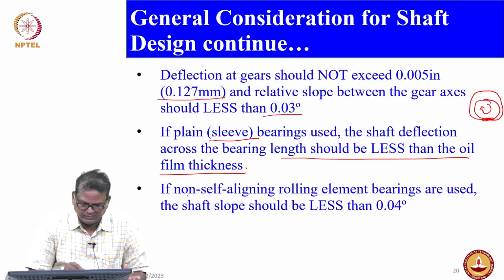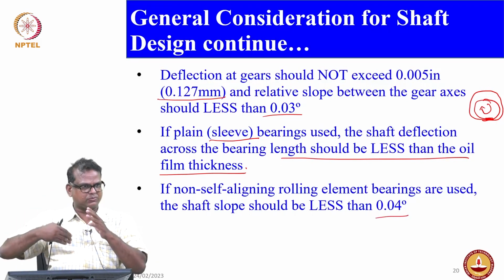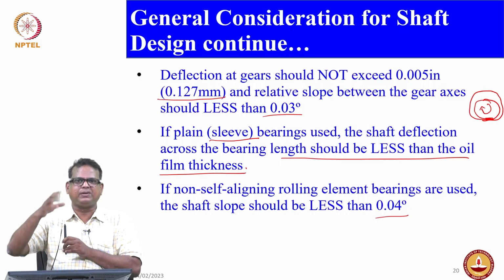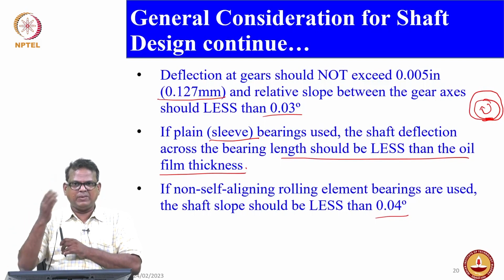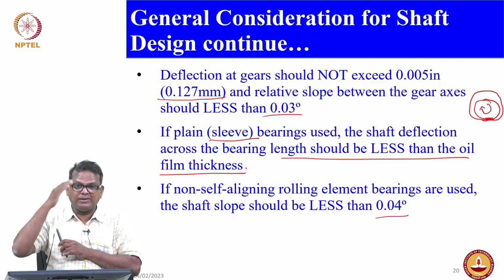If non-self-aligning rolling element bearings are used, then you can have a little more allowance, 0.04 degree. There are many kinds of bearings. Deep groove ball bearings are generally for radial loads.